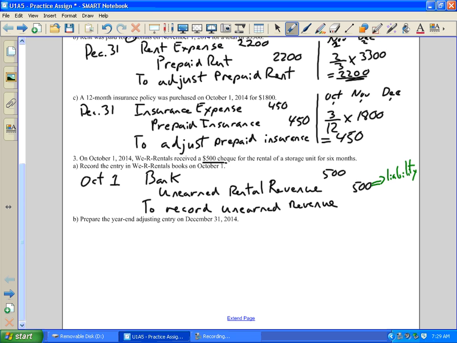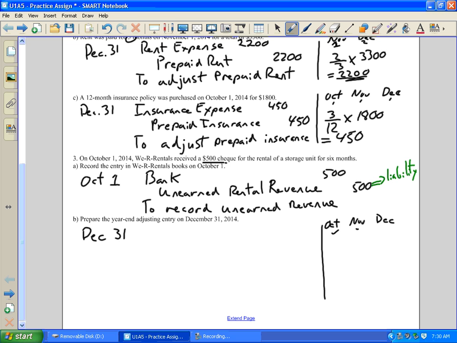Okay, now 3 months later, we have to record the adjusting entry. So December 31st, that's the year end. I'm going to quickly come over here to my side and do a couple of quick calculations. We sold this on October 1st. So all of October has been used up, all of November, and all of December.